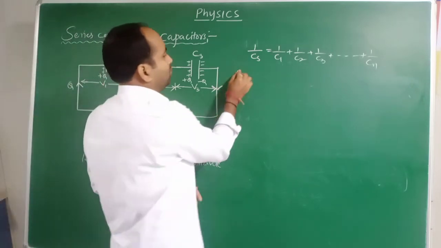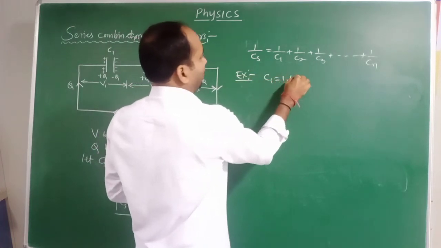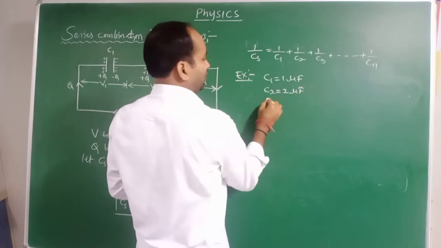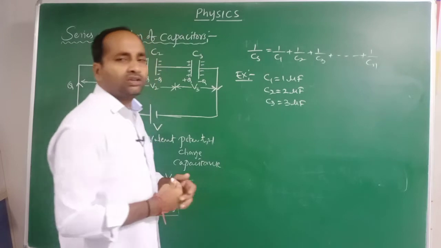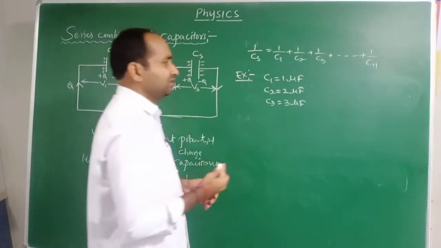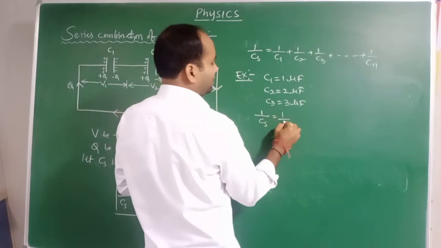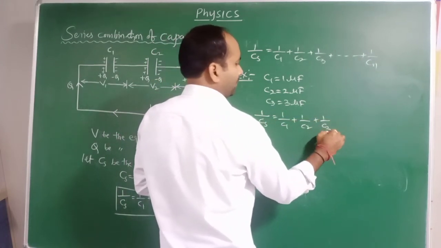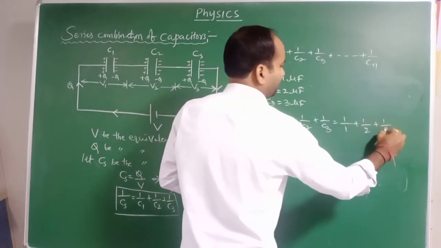For example, take C1 as 1 microfarad, C2 as 2 microfarad, C3 as 3 microfarad. If these three are grouped in series combination, what is the formula? 1 by Cs is equal to 1 by C1 plus 1 by C2 plus 1 by C3, that is 1 by 1 plus 1 by 2 plus 1 by 3.